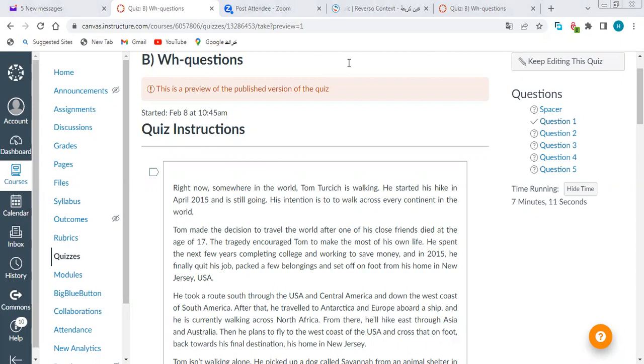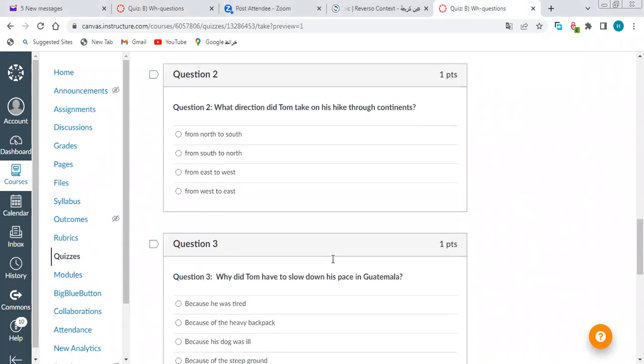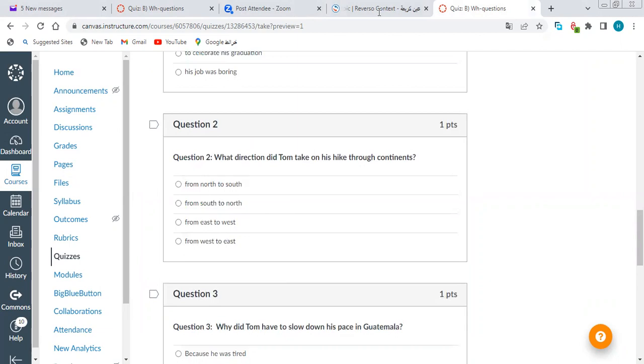Now, Saleh, please think well. The four options I have are from north to south, south to north, east to west, or west to east.